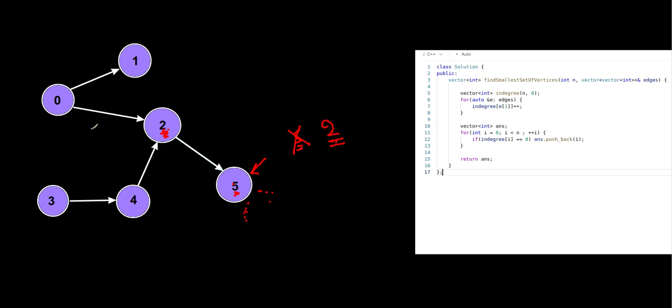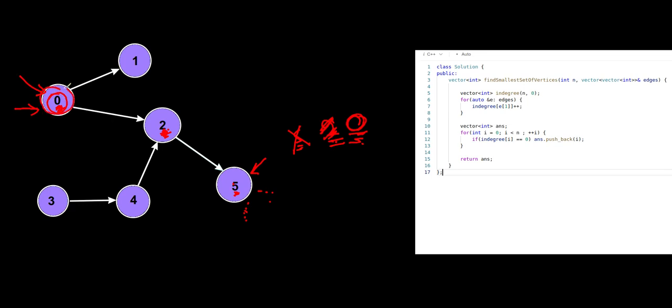The same from node 2: you can reach it from node 0, so instead of having node 2 you can have node 0 in the solution, and by doing this you can reach all the nodes covered by node 2 and node 0 itself. And for node 0 here, there are no edges coming into this node, so we stop here.